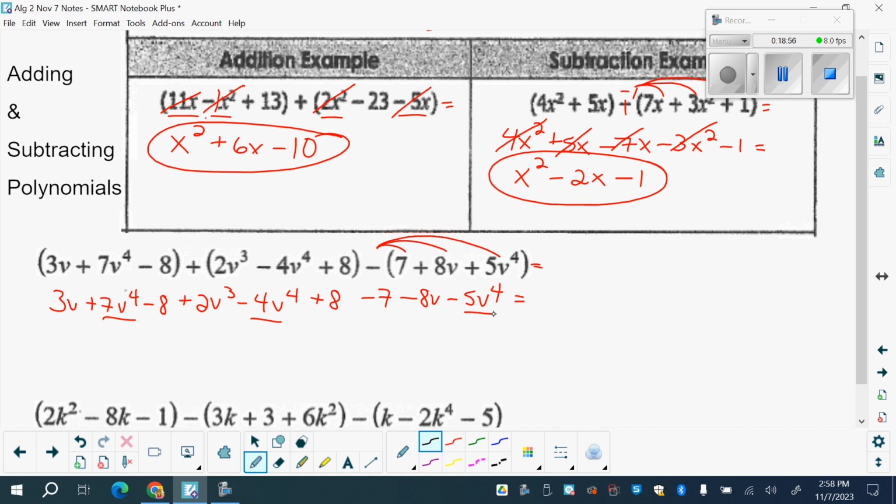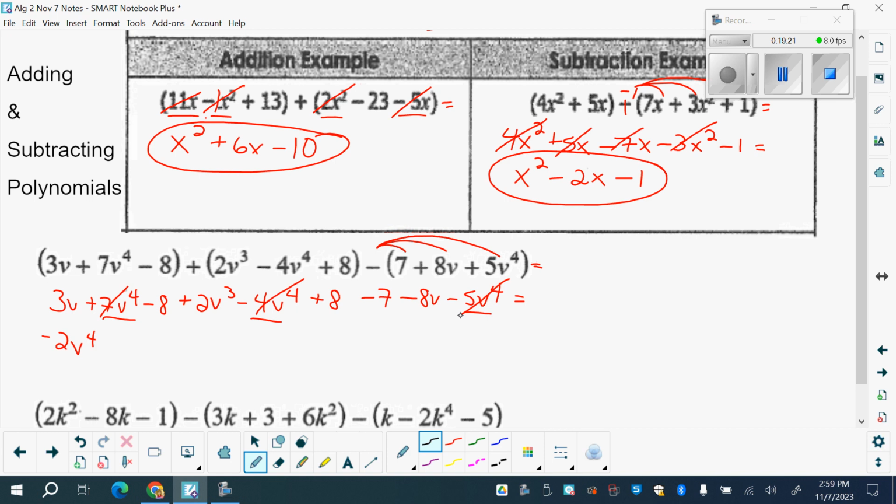What do they add up to? -2. So these two add up to -9, and then +7 would be -2b to the 4th. And then do we have any exponent of 3?